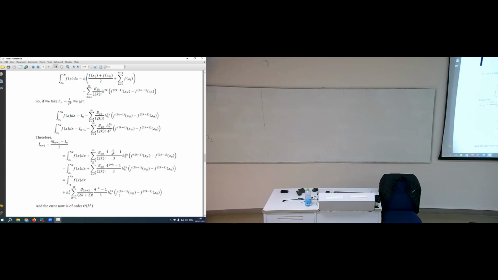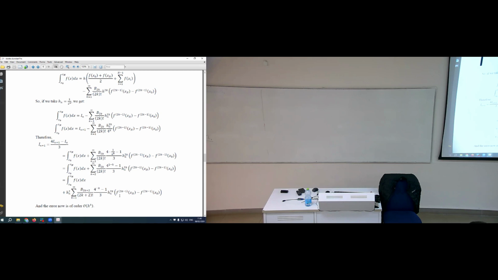So how can I do this? Look at the first term here. What's the first term? It's hn to the 4th multiplied by something. If we look at I tilde in the previous n or in the n plus 2, it will be the same but multiplied by what, or divided by what?